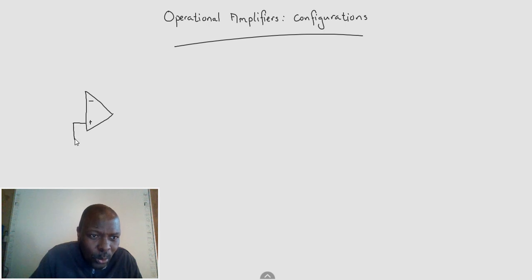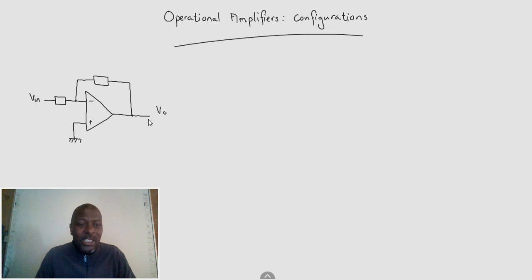We don't need you, we ground you. Remember, except for the comparator, they all have feedback or are closed loop configurations. We send our input through that guy, and our V out obviously goes out through the output pin.